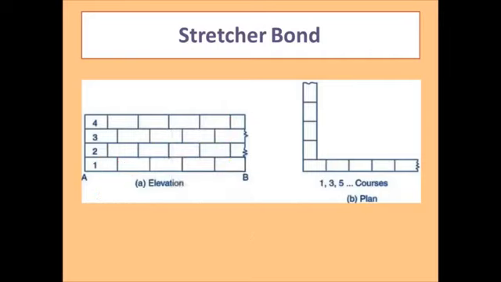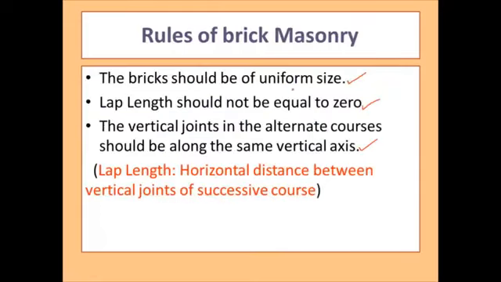That is the third rule. So vertical joints of alternate courses must be in the same line, whereas vertical joints of successive courses should not be in the same line. These are the 3 rules of brick masonry.